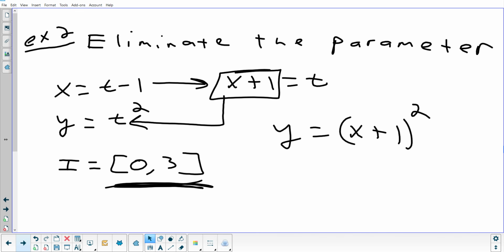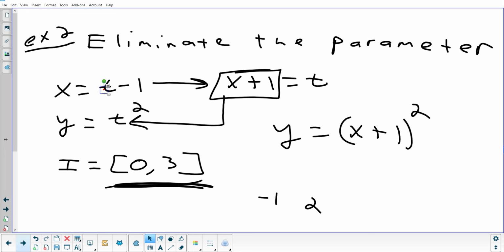Let's start with the small variable, 0. If you plug in 0 for t, what do you get for x? Yeah. x equals -1. So let's just write that down off to the side, -1. And what if you plug in 3 for t? What do you get? Yep. 2. All right.